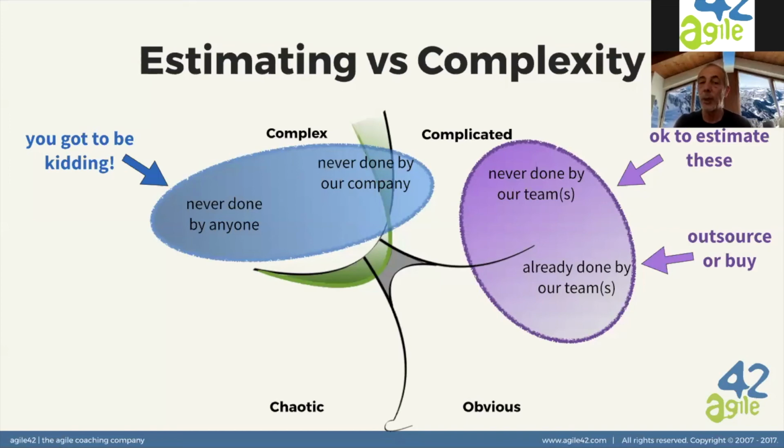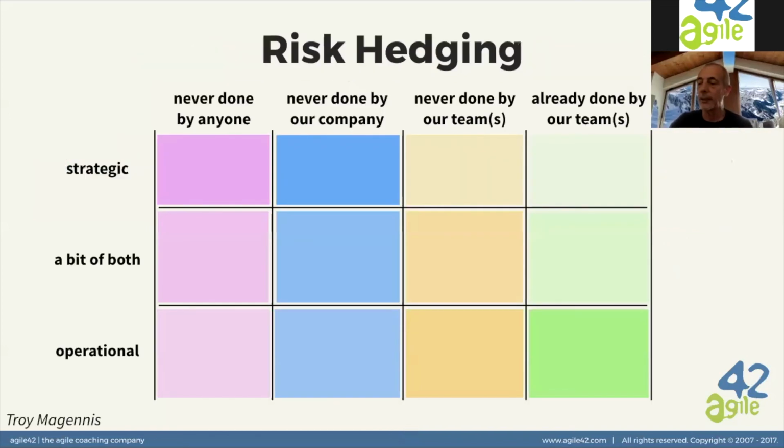Okay, we can use these 4 categories also to try to risk hedge our portfolio. This is not a board, this is just a table. And you see the columns corresponding to those 4 categorizations. And then on the left, the rows represent if a project is strategic, operational, or a bit of both.